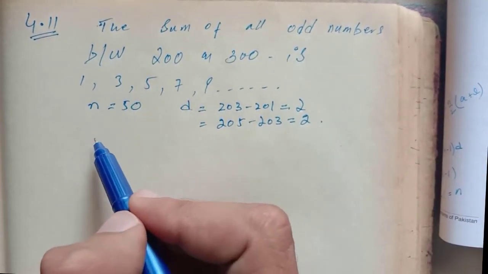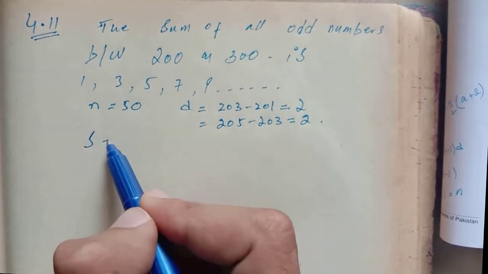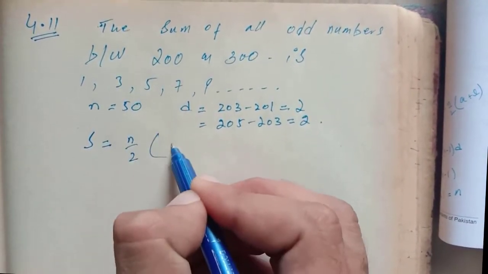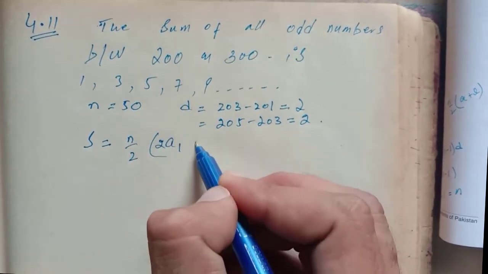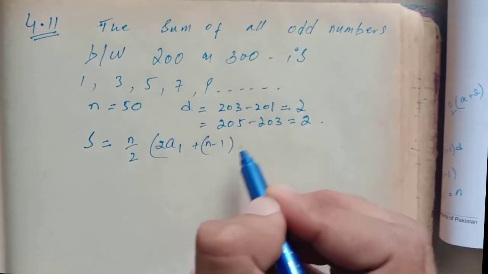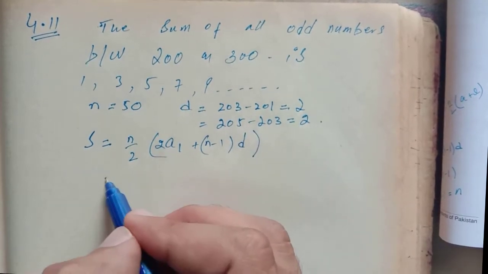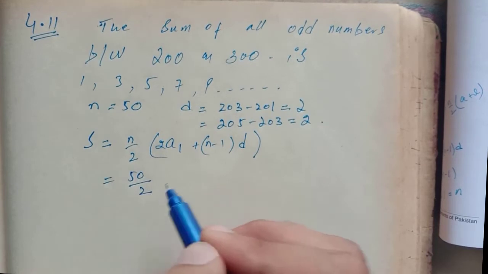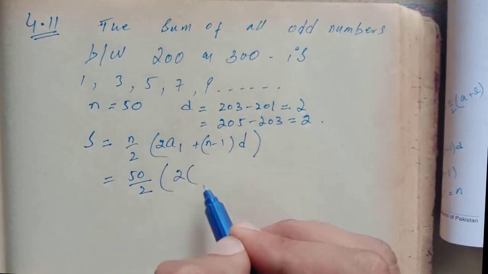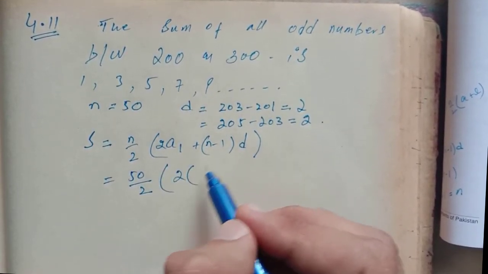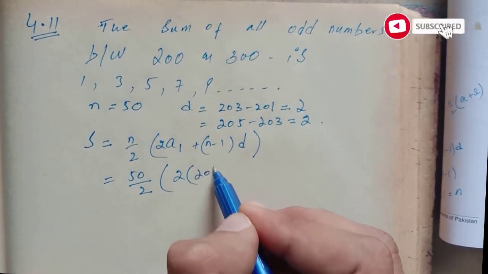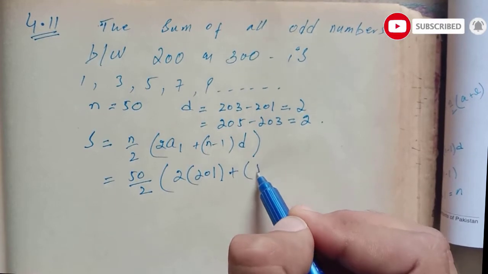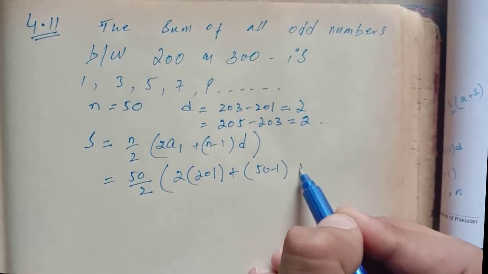The sum formula is S equal to n by 2 times (2a1 plus (n minus 1) into d). Put the values: this equals 50 divided by 2, times (2 into a1, which is 201, plus n, which is 50, minus 1, into 2).